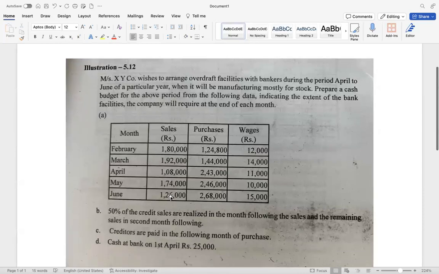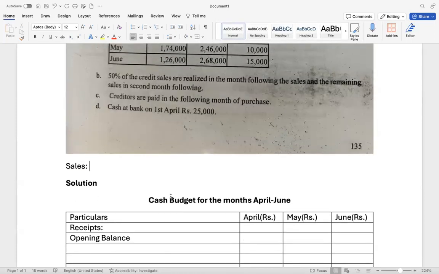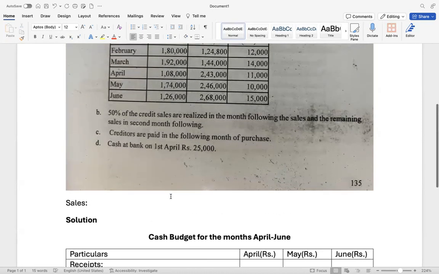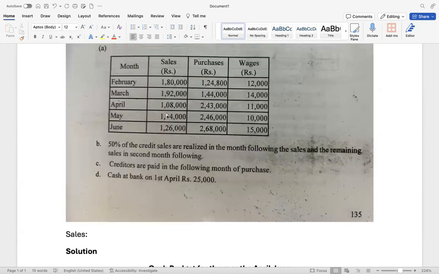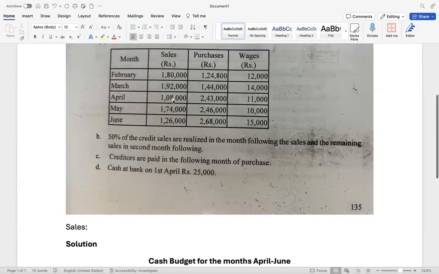Now these sales are paid 50% in this month, and 50% in the next month. These are all credit sales. 50% of this amount is paid in the month of May and 50% is paid in the month of June. If that is the case, what is the receipt in the month of April?